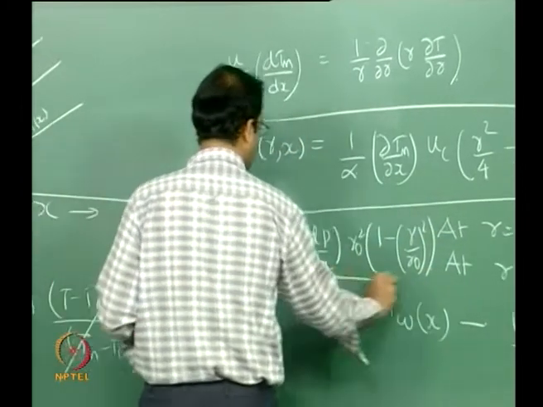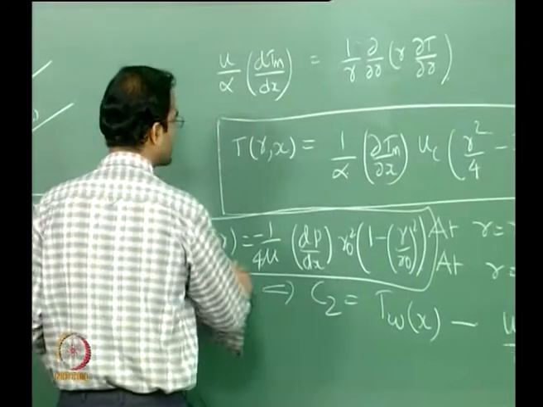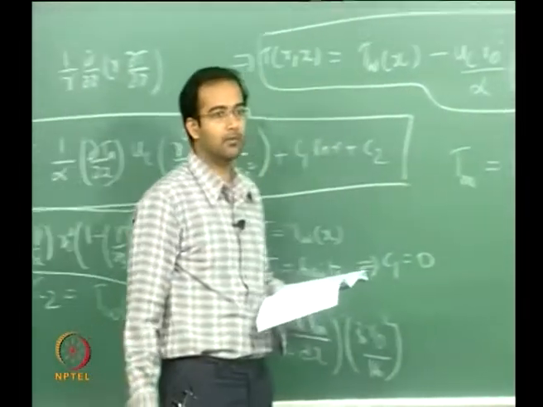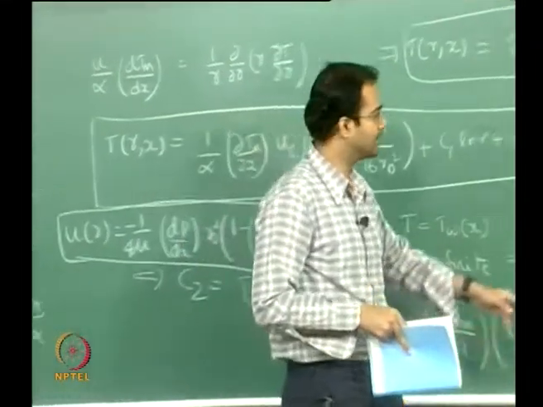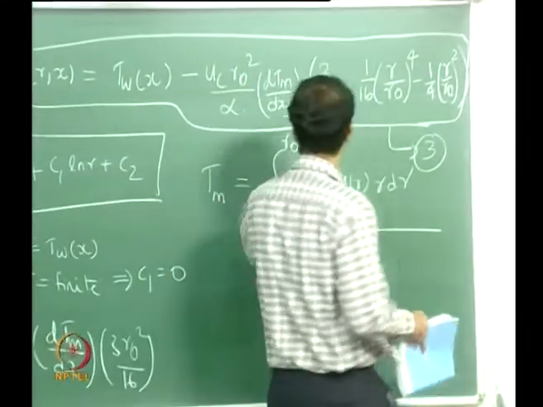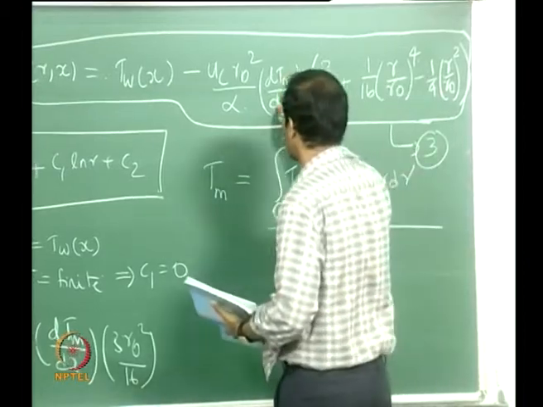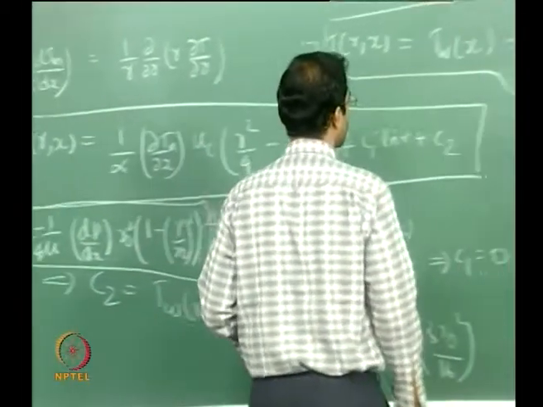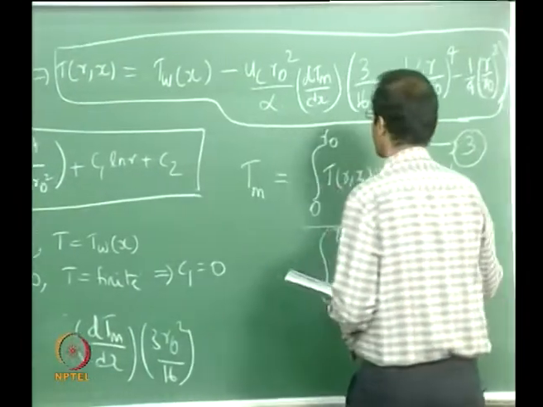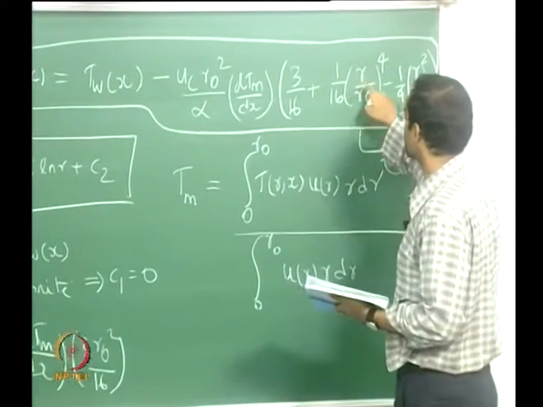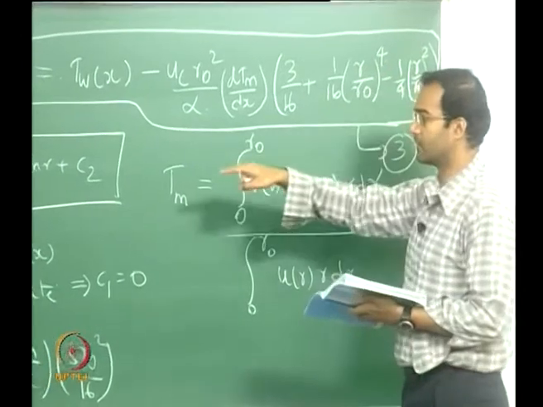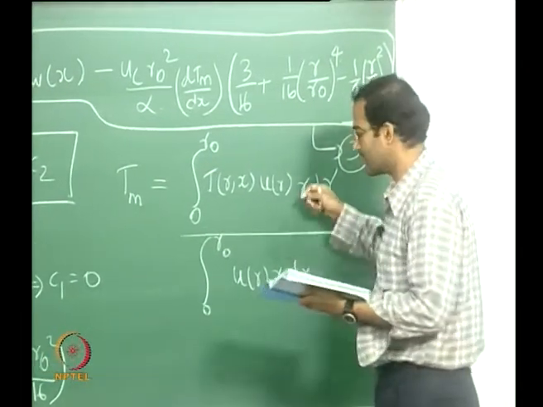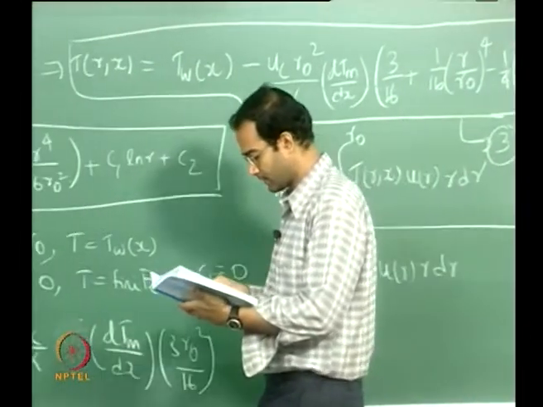So this is your velocity profile, and this is your temperature profile right here. So you have to plug both these inside, and dTm by dx is a constant, dP by dx is a constant. Therefore you will have to multiply all the terms and integrate with respect to r. It is a little bit lengthy integration which I am not doing.